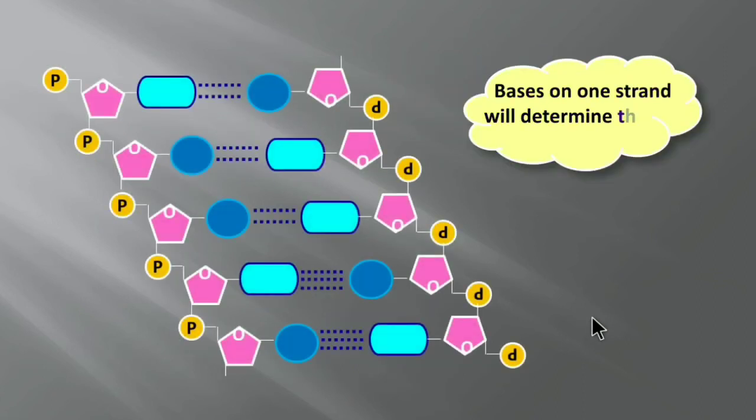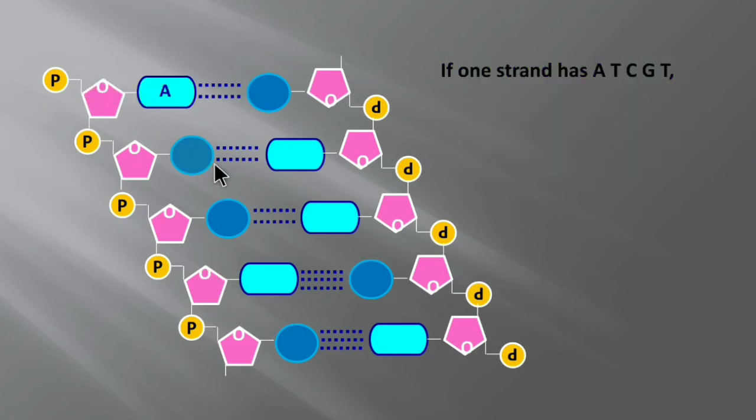One more thing, the bases of one strand will determine those of the opposite strand. For example, consider this strand: if one strand has adenine, thymine, cytosine, guanine and thymine, then in the other strand adenine base pairs with thymine, thymine with adenine, cytosine with guanine, guanine with cytosine, and thymine with adenine.